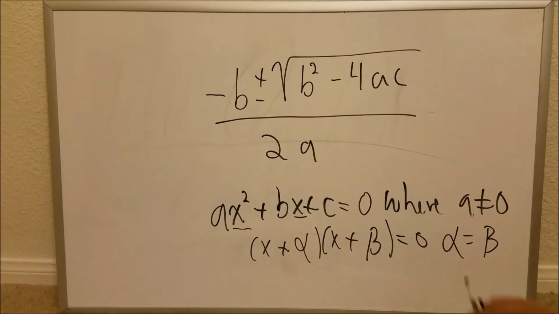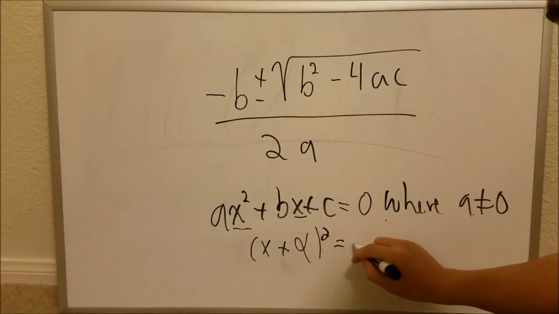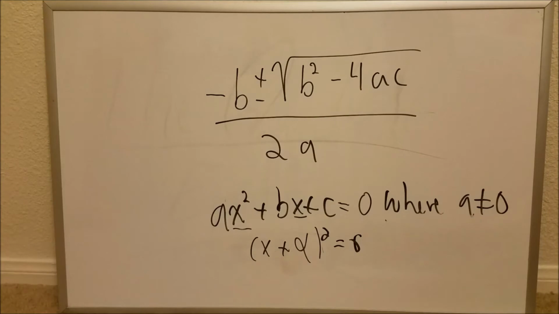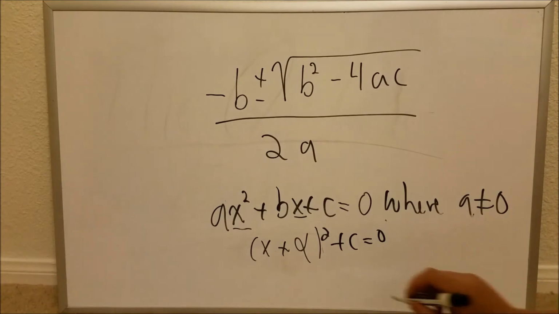If that was the case, then we would have this, or this, where x is isolated. Even if we had the variable c over here, it would still be quite easy to solve.